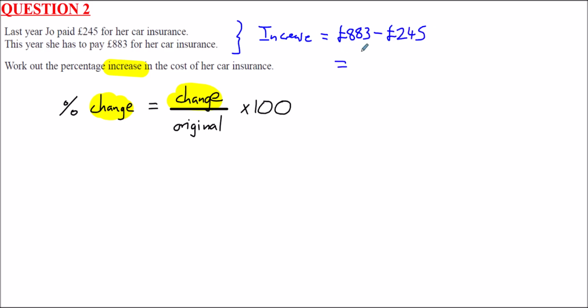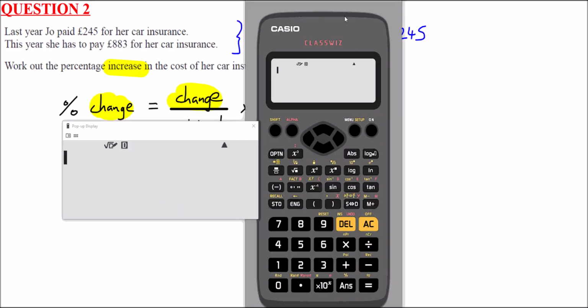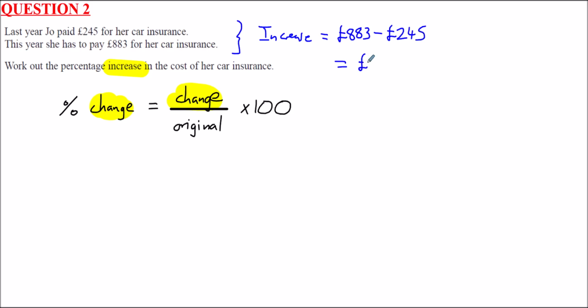So we just need to work out on the calculator what 883 minus 245 is. So let's see what we have when we do that calculation. So 883 minus 245 gives us £638. So that is our change.